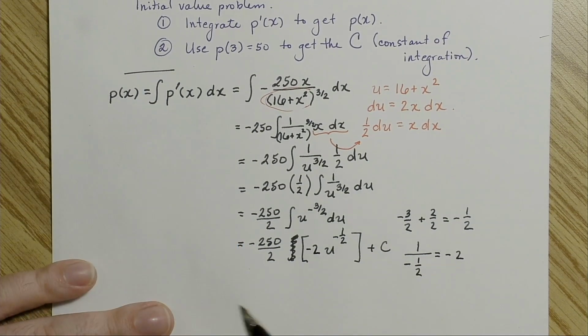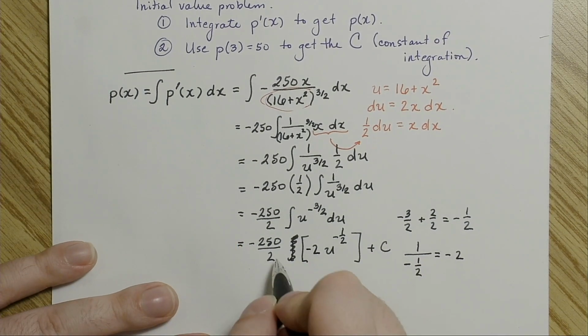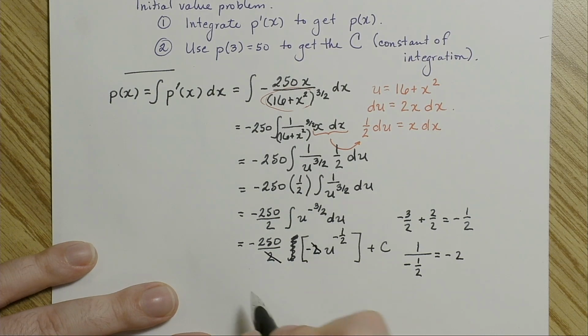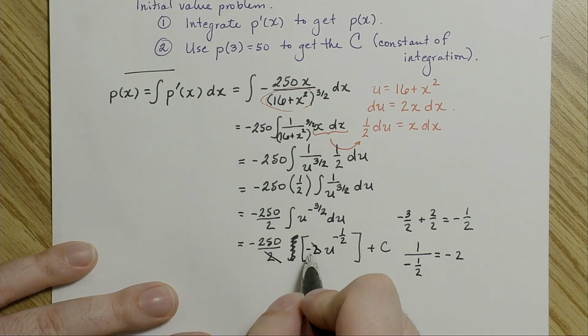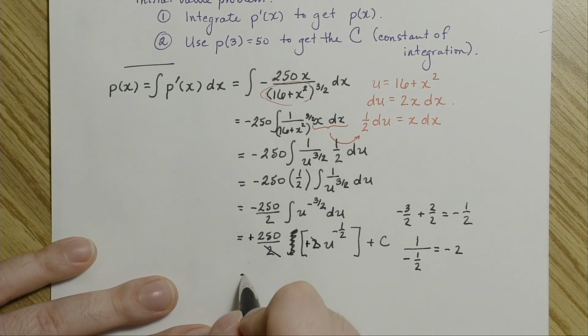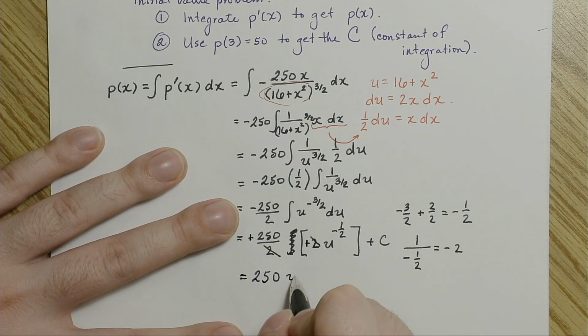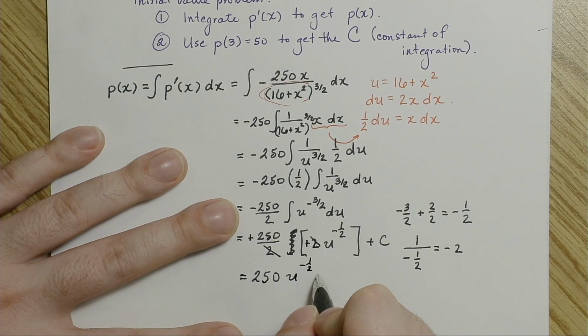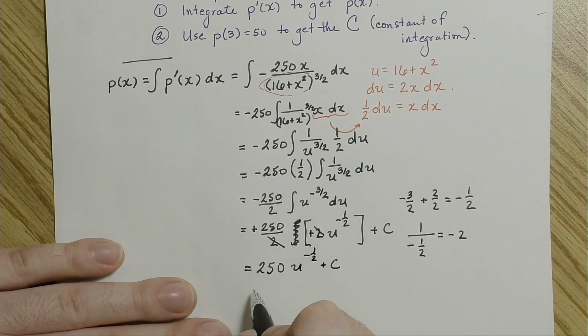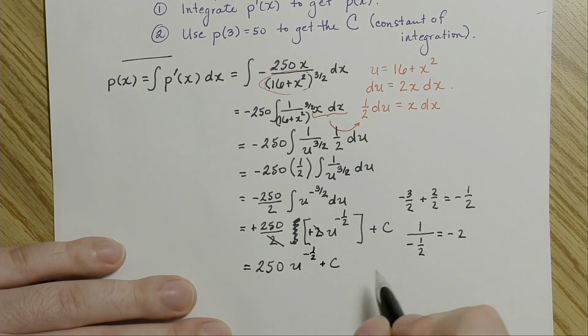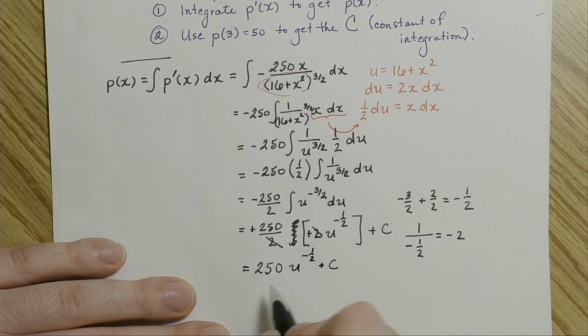Okay. So immediately I can cancel out these 2's. I have positive, negative and a negative, so that becomes a positive. So I'm left with 250 u to the minus 1/2 plus c. And then I can substitute in what that u was, which was 16 plus x squared.